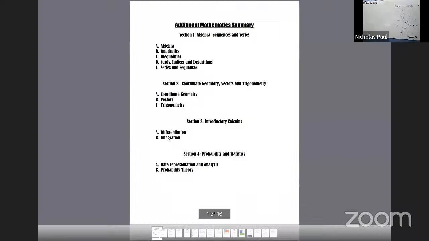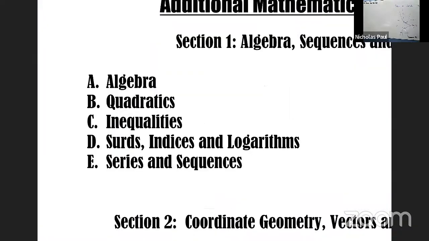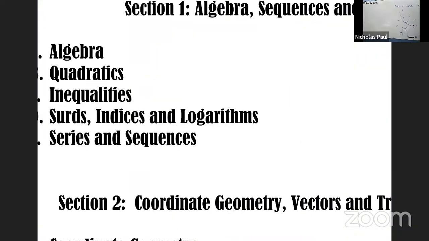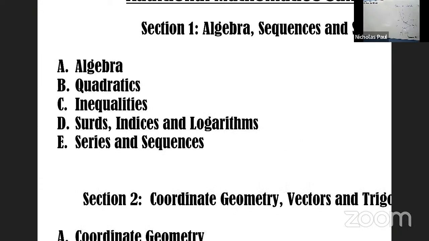All right, before we continue with this, something I wanted to show you. This here is the breakdown of the entire ADMA syllabus, right? Cannot forget some of you all the first time. So remember, ADMA has three sections.